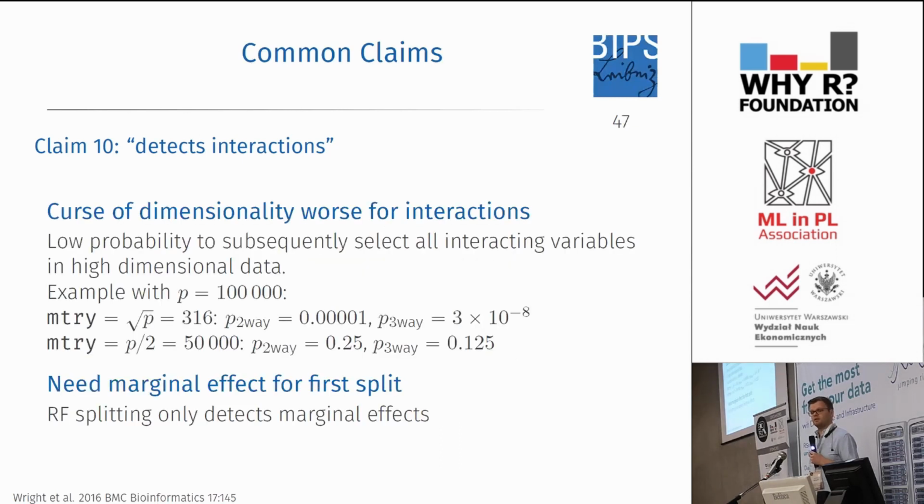The problem is that the curse of dimensionality is worse for interactions. You just have a low probability to select the interacting variables. I put an example here for 10,000 variables and 100,000.